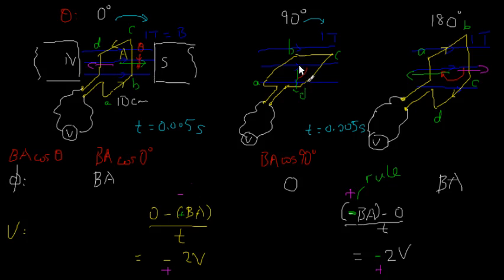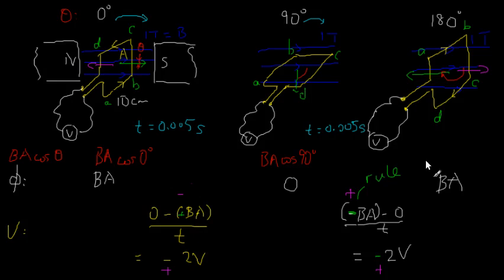In this case, the field is along the surface, so there's no perpendicular component, and it is 0, which agrees with cosine 90 degrees, also 0.